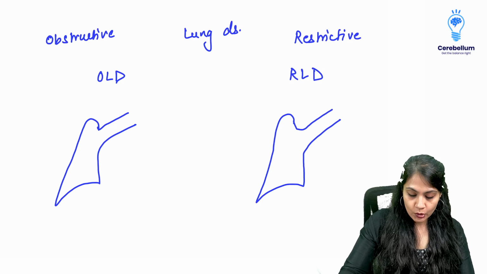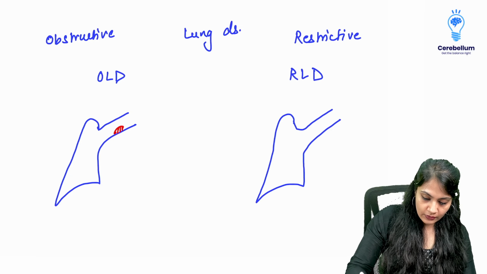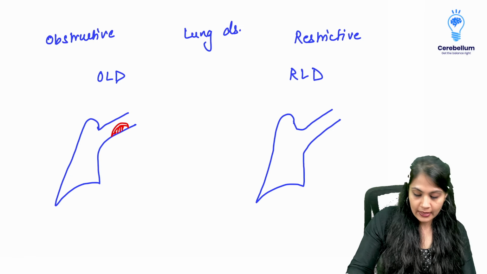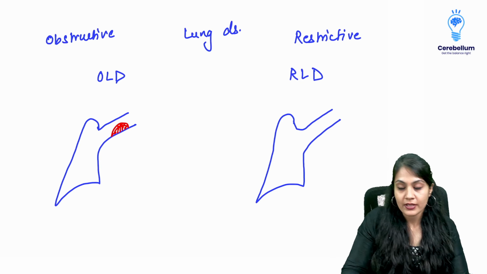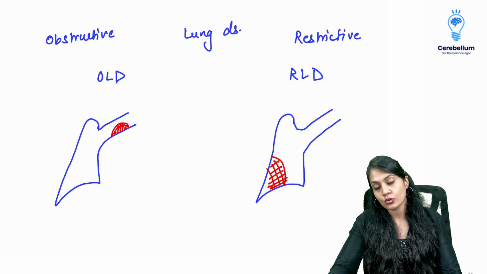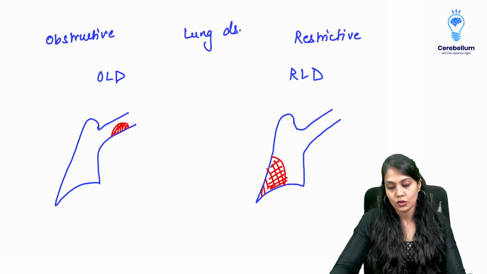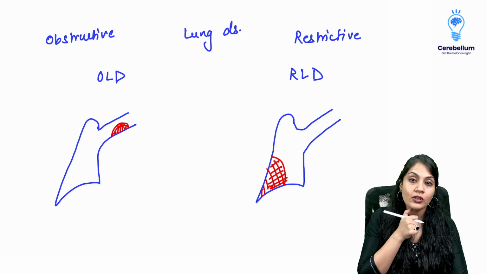Now understand there are two lungs, but let's say in patient A, the obstructive lung disease, I have seen an obstruction in the airways. Patient B is suffering from, let's say, fibrosis or asbestosis, silicosis, tuberculosis, whatever it is. Tuberculosis will be most commonly seen in the apical region of the lung.